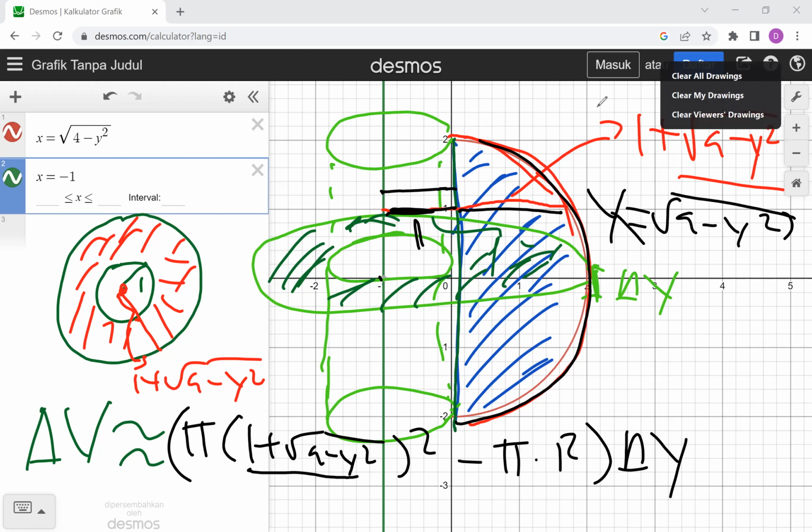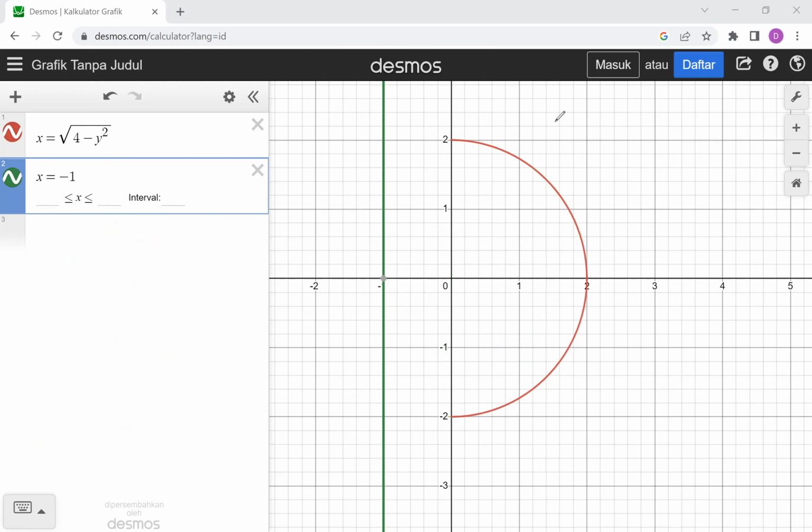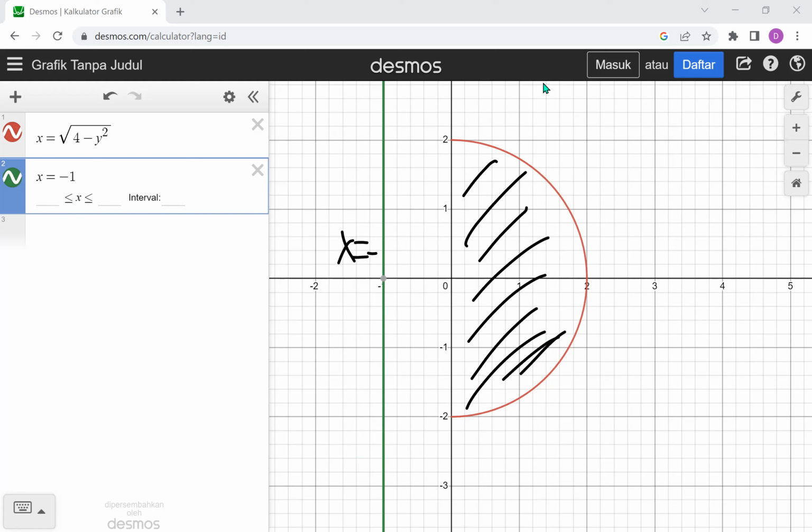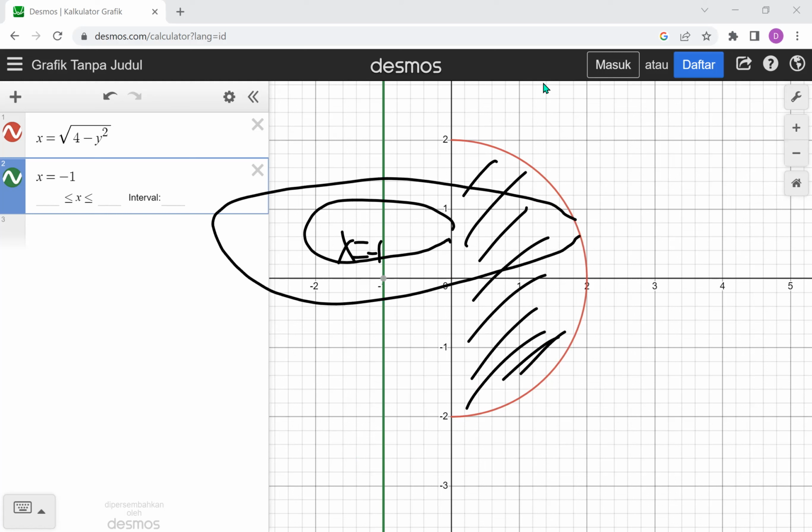I will clear the drawing. Okay. So now we want to revolve this region, but the rotation axis is this line, x equals -1. Up to this point, do you understand? Okay. So if I revolve this region, then I will obtain this one, right?